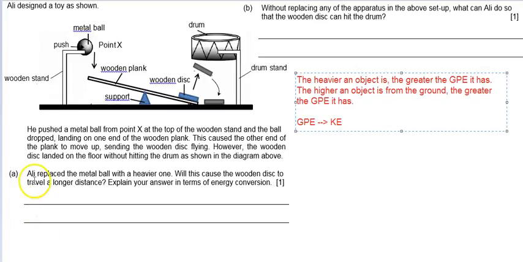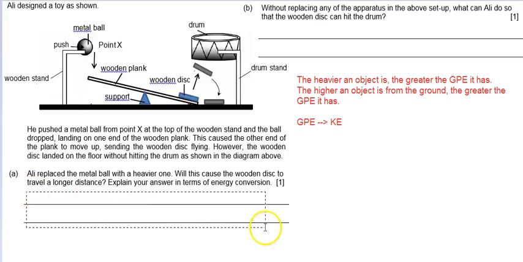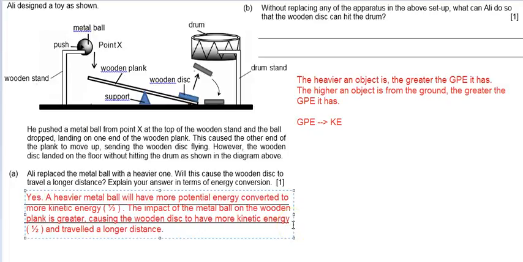Okay, right. So a heavier metal ball will have more potential energy that can be converted to more kinetic energy.